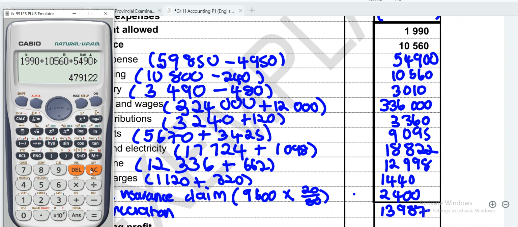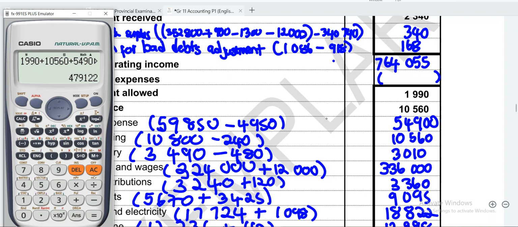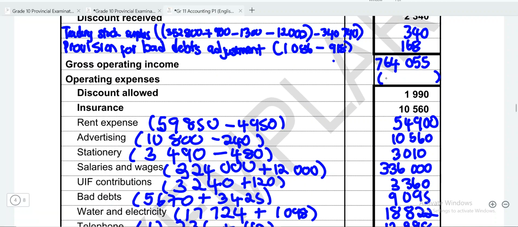The total that we are getting is 479,122. So I'm going to put it here, but you should calculate twice to confirm. So this would be your total for operating expenses.